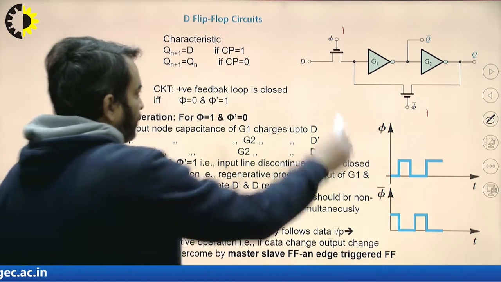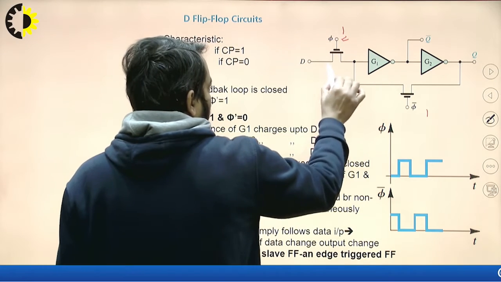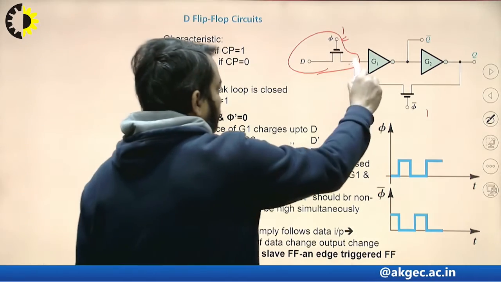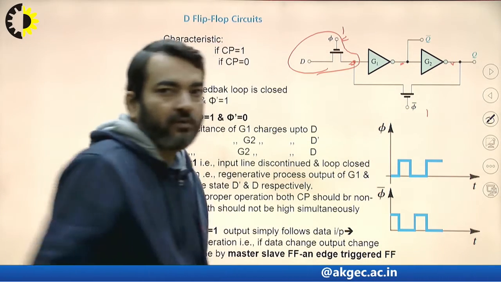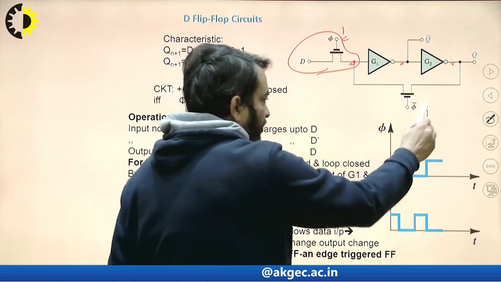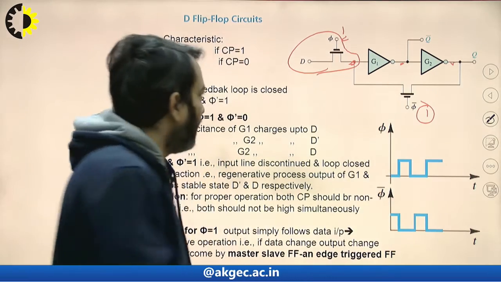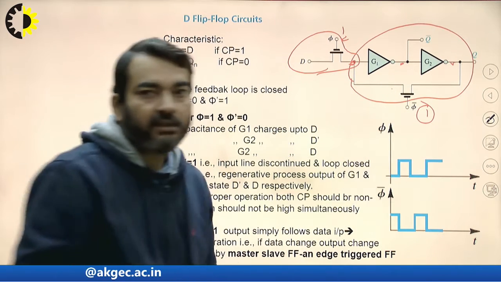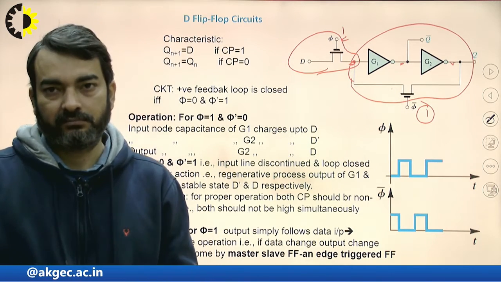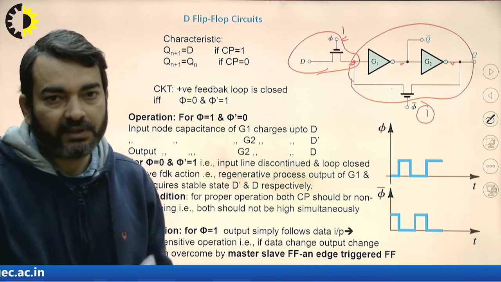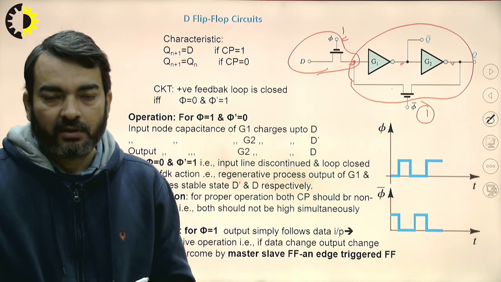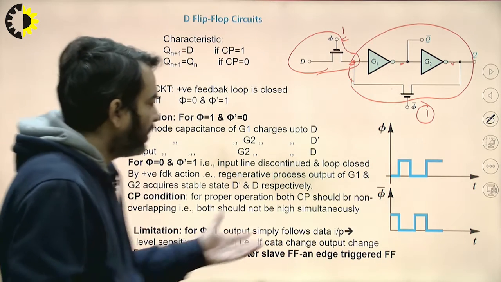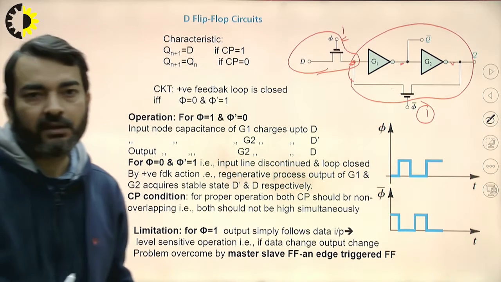If this clock is 1, this will try to input new data at this particular point, while since this clock is also 1 and the loop is closed, this cross-coupled inverter will try to retain its previous data. So there will be chances of error. Just to avoid this, we will have non-overlapping clocks.